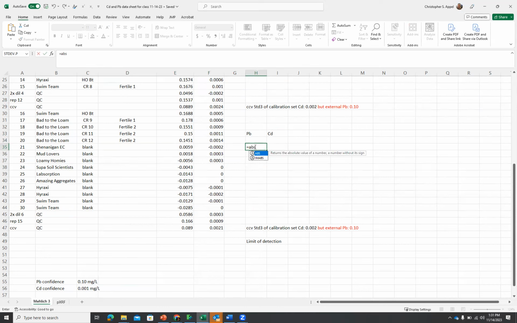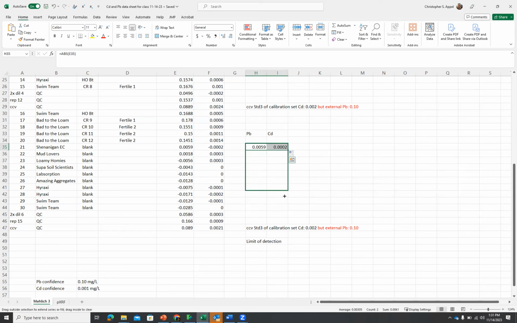And then I am going to put a parenthesis and select the first lead blank, and then close the parenthesis, and then do the same thing for the cadmium blank. And then I will scroll down or fill it down to get that formula to cover all my blanks.